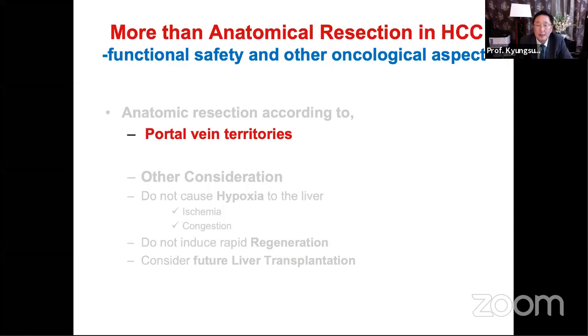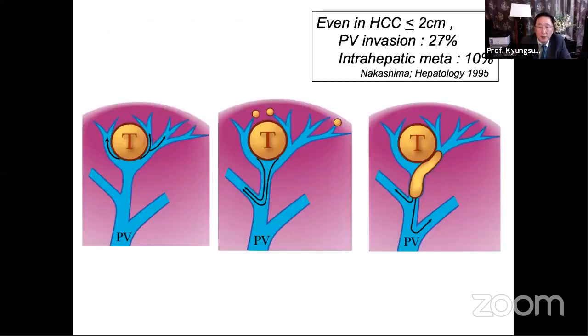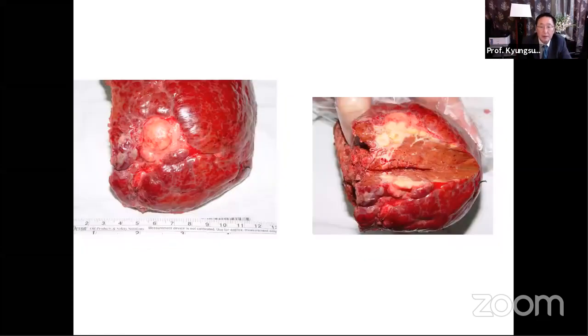We all know that liver resection for hepatocellular carcinoma should be an anatomical resection according to the portal vein territory, because even in very small HCC, there is a high chance of portal vein invasion, so daughter nodules and portal vein thrombosis can develop.